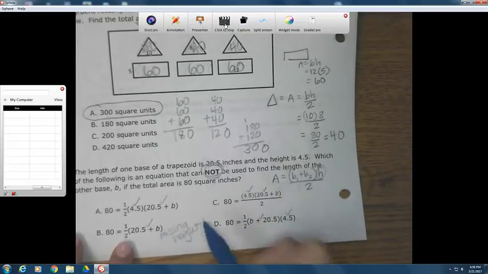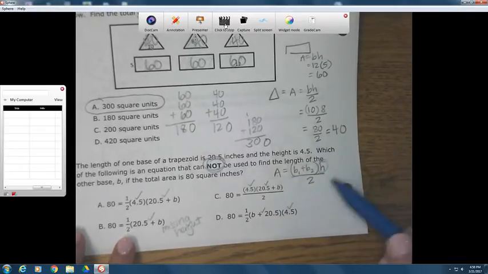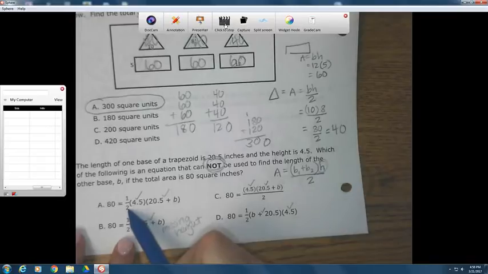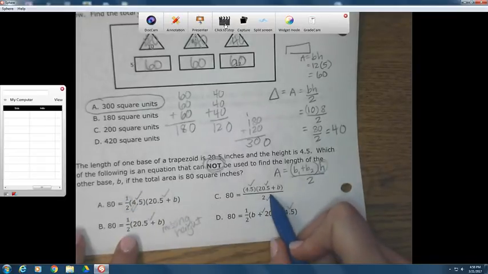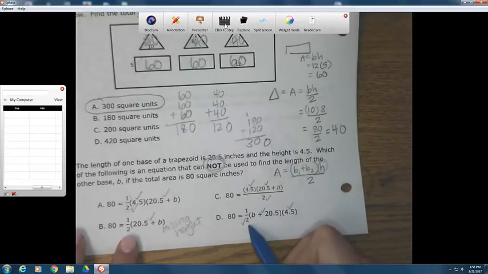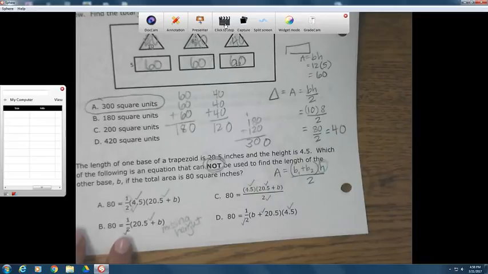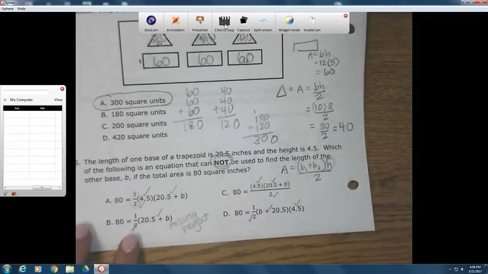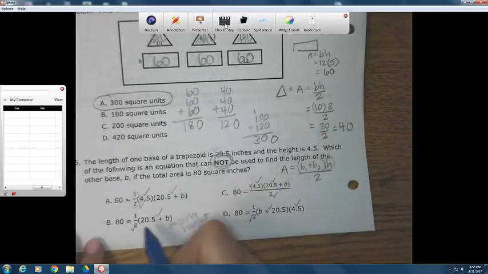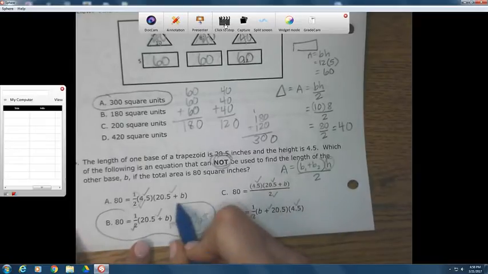Are they all dividing by 2? Let's double check. Dividing by 2 is the same thing as multiplying by a half. This is dividing by 2, and this, and this, and this. So the one that cannot be used is B, because it's missing the height.